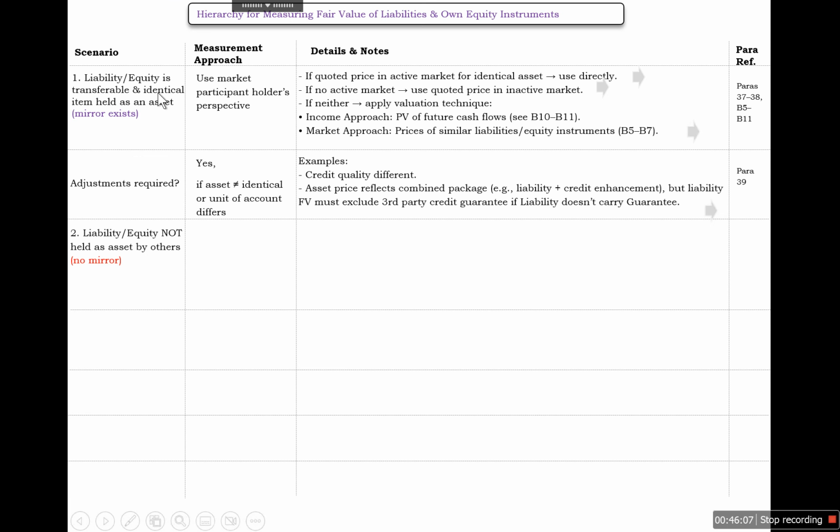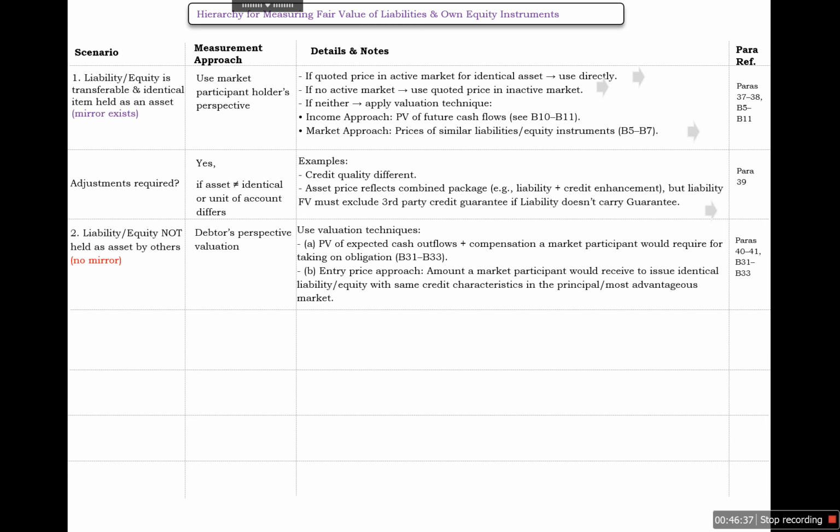Next, in the first case, the mirror was there, so the quoted price was available. But in this case, liability and equity are not held by the holders as an asset. So there is no mirror to check the price of the asset. Here we need to think from the perspective of debtors and what they expect.